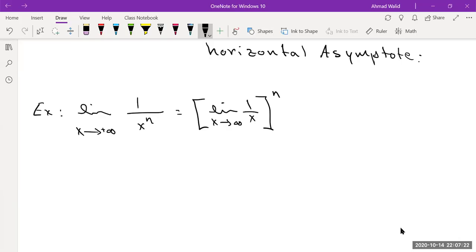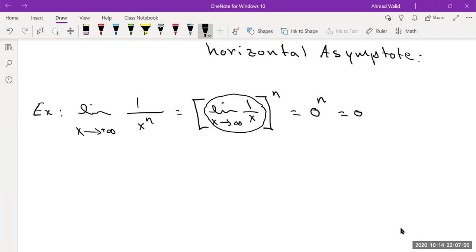We learned this rule in chapter 1, correct? The limit of 1 over x as x approaches positive infinity gives me 0. Then 0 to the power of n gives you what? 0.